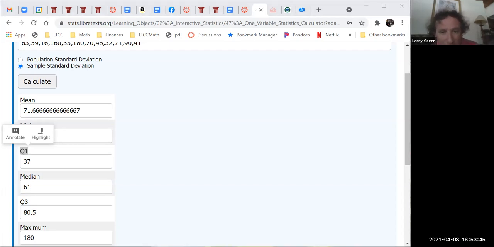Q1 is the first quartile, and that means basically 25% of the data is at or below this number, Q1. So we also call it the 25th percentile.